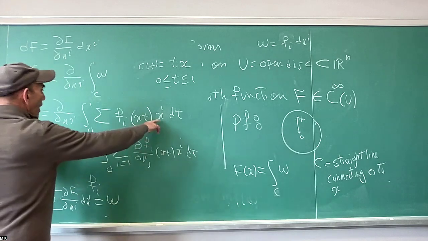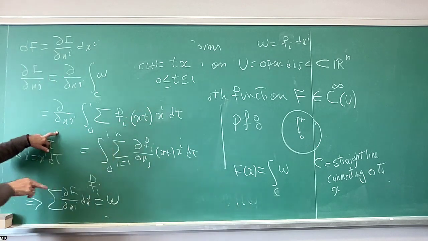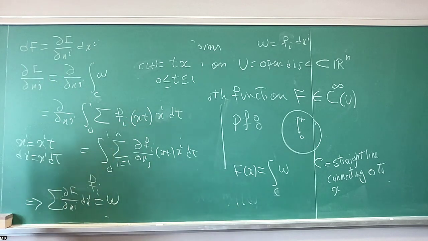No, this is xi because I'm taking the derivative of all of them because I'm integrating omega. But the derivative is with respect to xj. So as a result, all those things are 0 except the jth component.